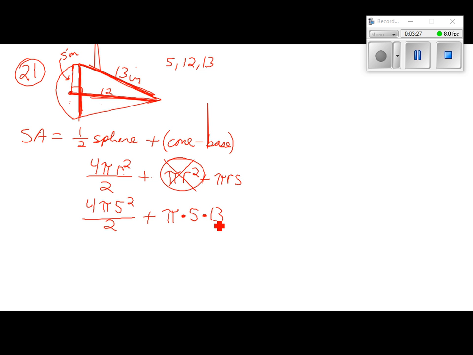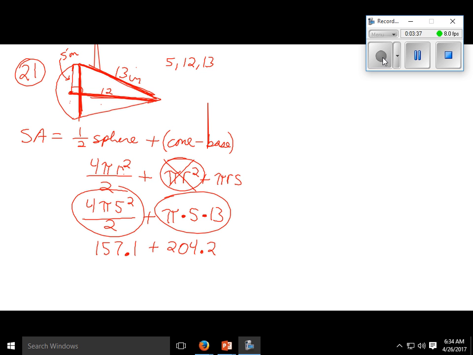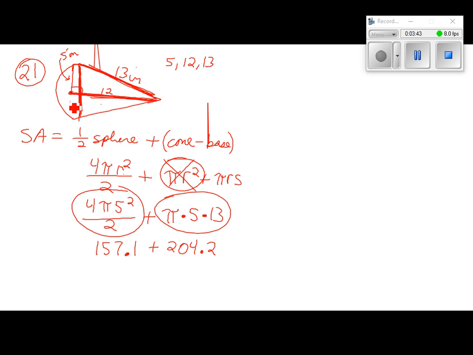And what I would do is plug this first part into the calculator, then plug this part into the calculator, then add them together. So grab your calculators, do that. And for this first part here, I got 157.1. That's the sphere part. And then for the cone part, I got 204.2, and we just add those together.